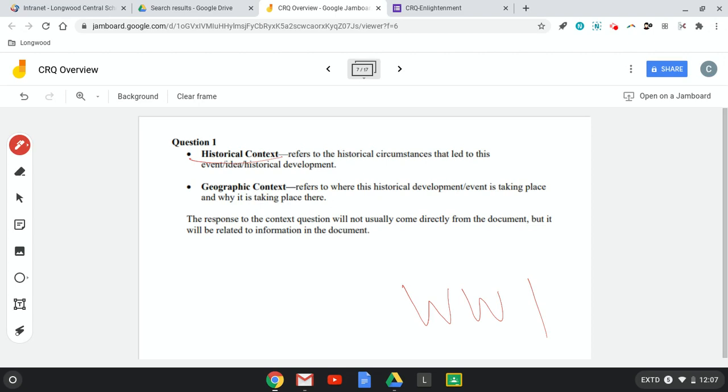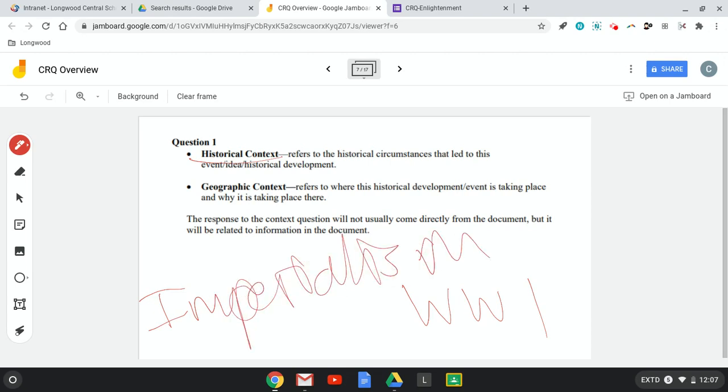When we study these units, the unit we study previous to World War I is imperialism, which pretty much covers the competition over resources I just spoke about. Imperialism leads us to World War I. So typically, when we're looking at historical context, we look to the previous unit.